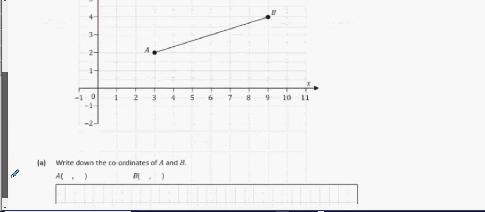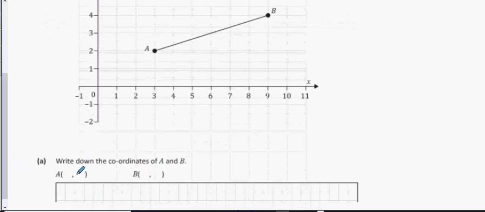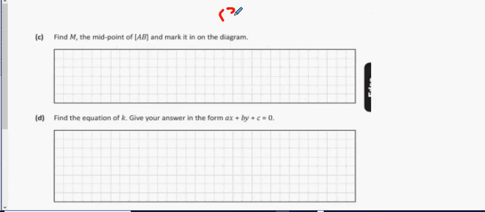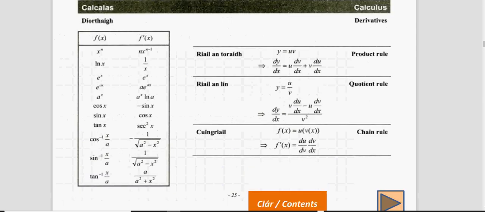Now, what are the coordinates of A and B, Charlie? A is 3, 2, B is 9, 4. We're on page 36. Okay, we're going to find the midpoint formula. This is on page 18 of your maths tables, which are shown on the board.